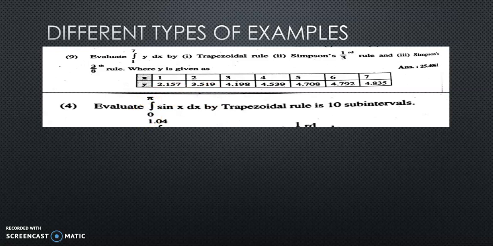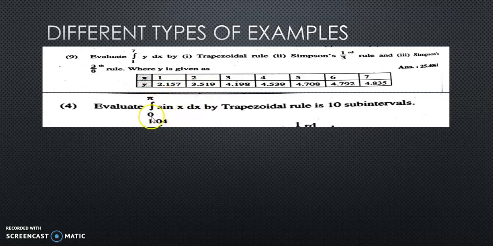The next value of x is going to be 0 plus h, whatever h you calculate, and that is denoted as x1. Once you have x1, x2 will be x1 plus h, x3 will be x2 plus h and so on. Once you have all the x values, you can calculate the corresponding y values using the function. What is the function? Sine.